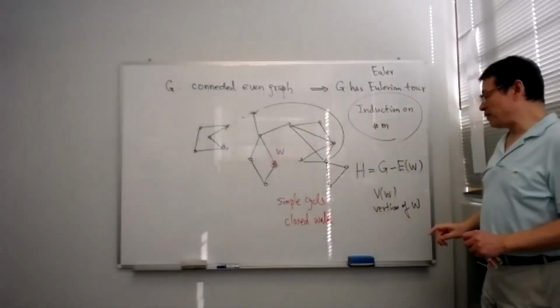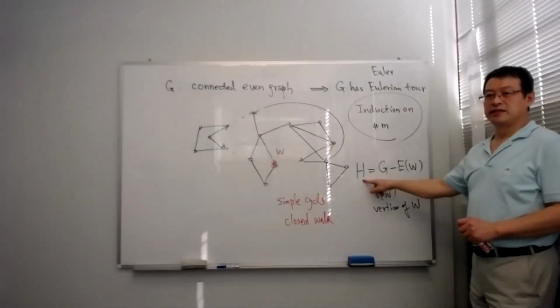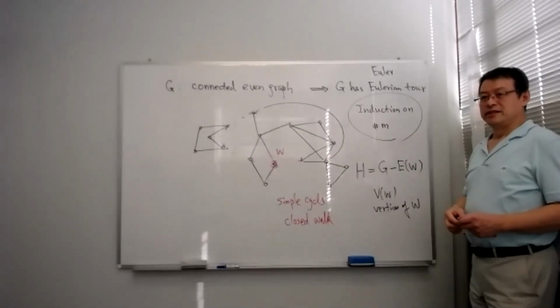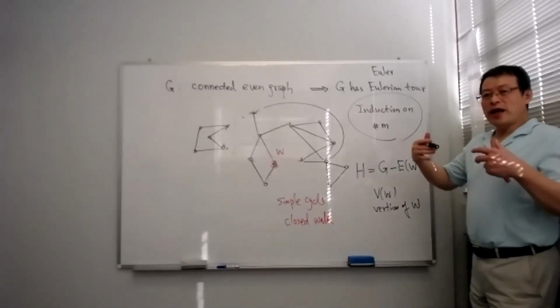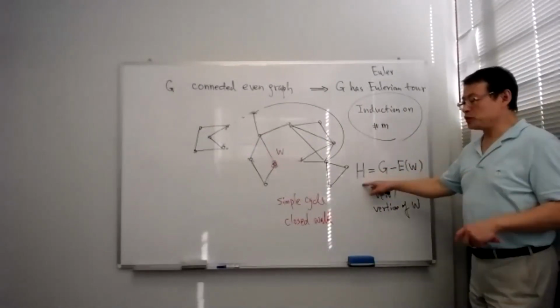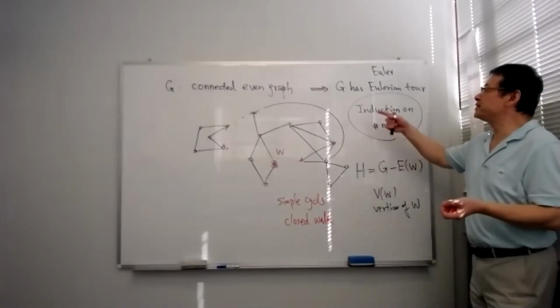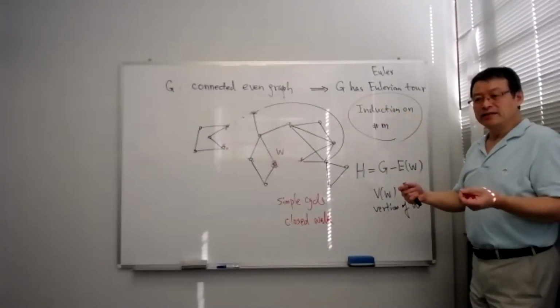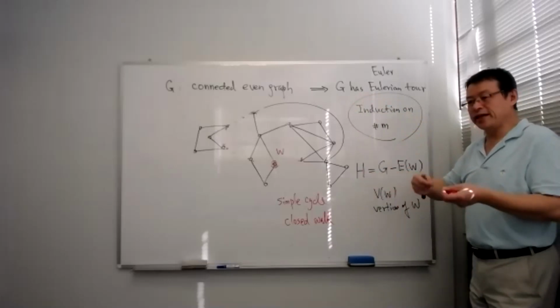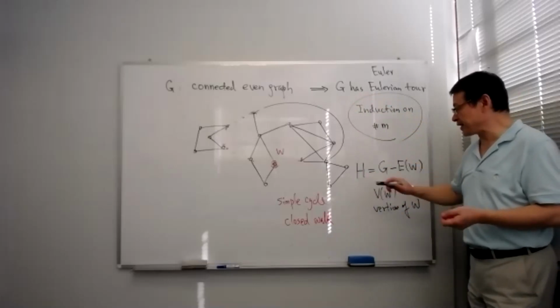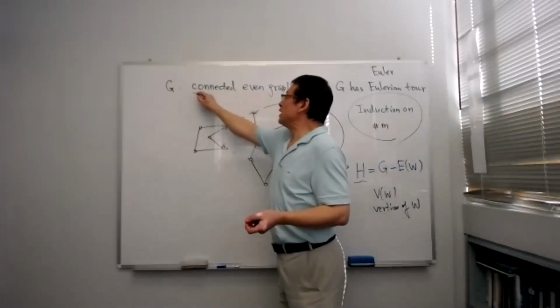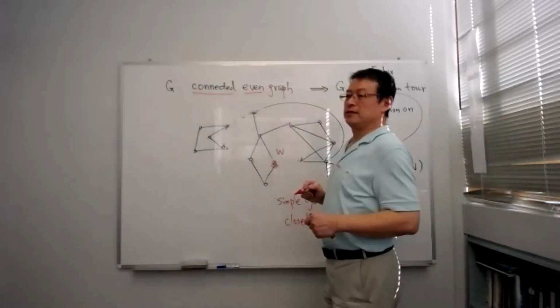So what can we say about this new block H? In order to apply induction, we want this H to have the same property as G. Basically, if some property is shared with H, then we can use the induction hypothesis. In this case, there are two important properties: one is connected, one is even.